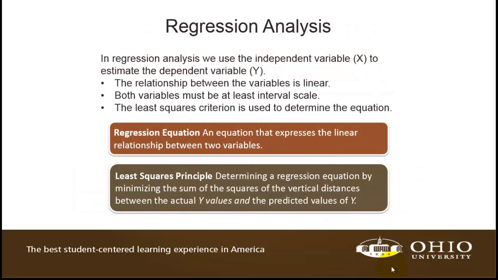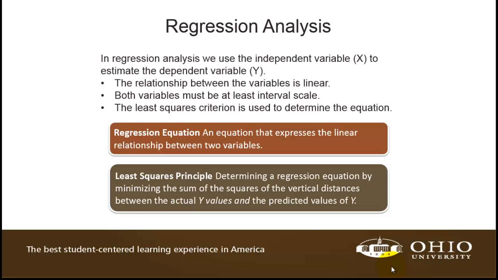Once we know what the strength of the relationship is between the two variables, we would like to know what the equation looks like that describes that relationship. So remember, this relationship must be linear. Both variables must be at least interval scale, which means that there is some meaning to the difference between the values, but there's no meaning to the ratio.